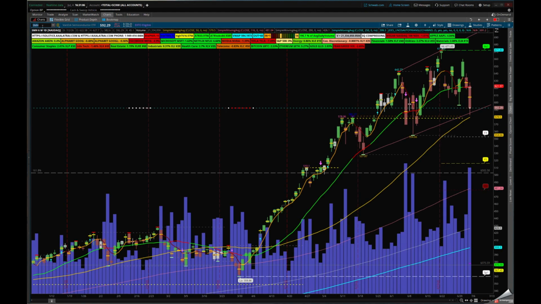If you want to evaluate the semiconductor SMH, you can go to the analysis tab, and that way you can read the data on the SMH, because due to the semiconductor, we fell below the 18 SMA. You see, we looked above and we fell back in. We almost tested the 50 simple moving average, which is a reference point for support and resistance.